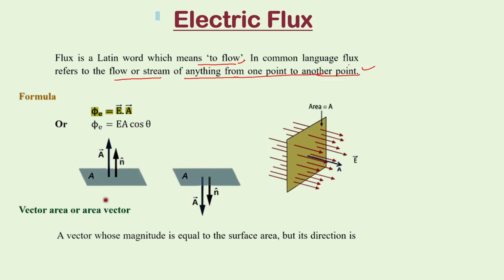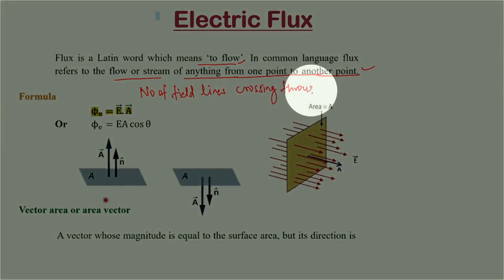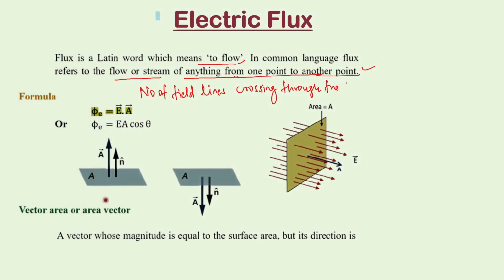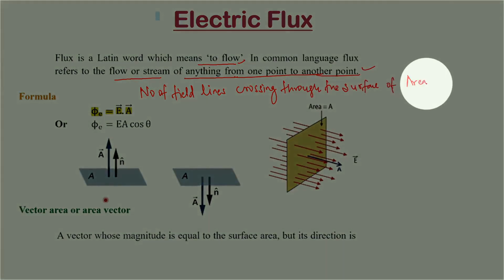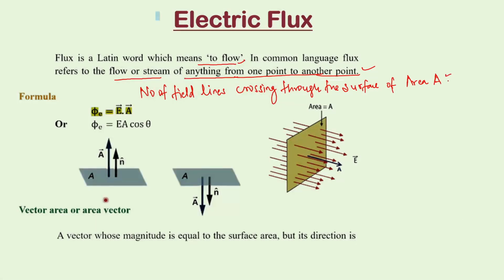When we talk about electric flux, it basically indicates the number of field lines crossing through the surface of area A.